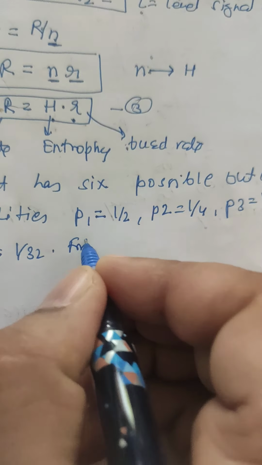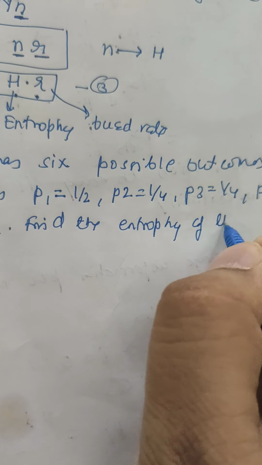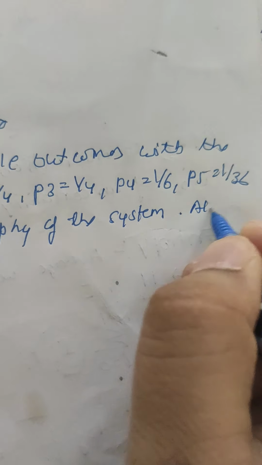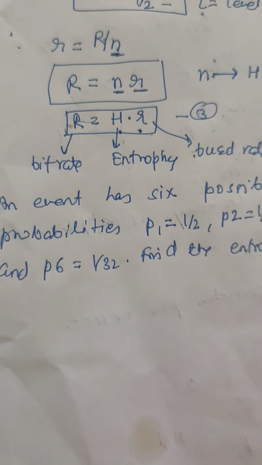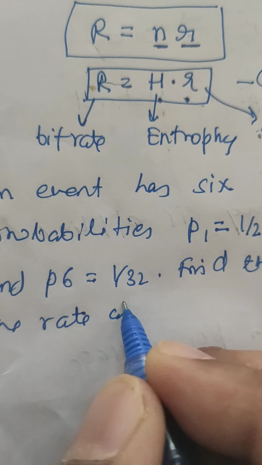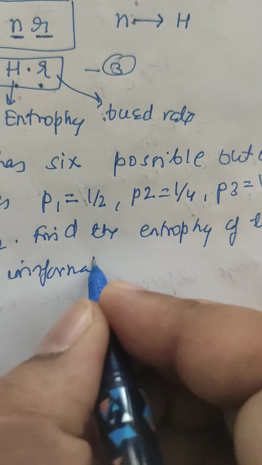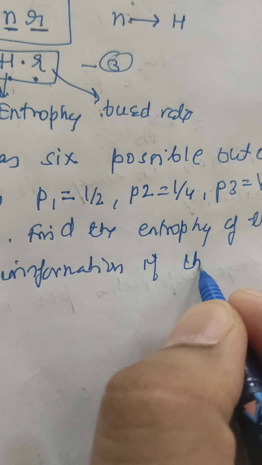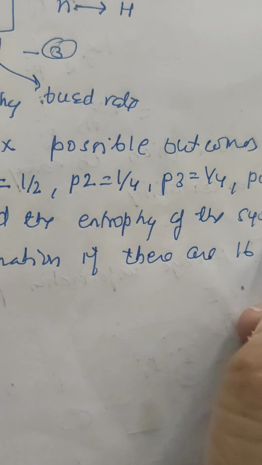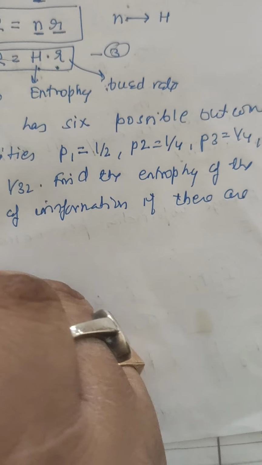Find the entropy of the system. Also find the rate of information if there are 60 outcomes per second.